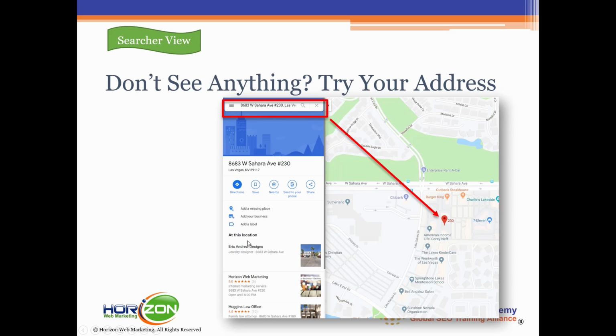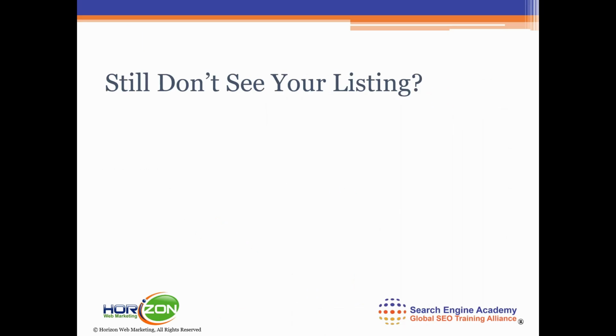But then if you look over here on the panel of businesses, you'll notice that Google, it's not as complete, but it'll show, okay, we do show that there is a business here at this address called Horizon Web Marketing. And then you can click on that and it'll bring up the business listing that Google has. That's a way to kind of back into your listing. Sometimes you can find a listing that way, even if it doesn't come up under your business name.